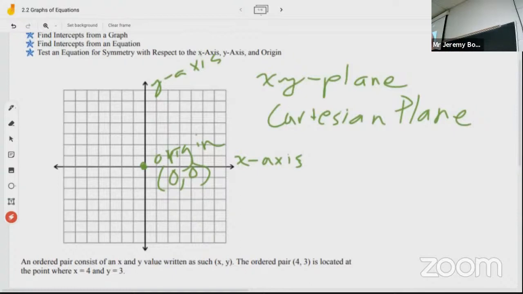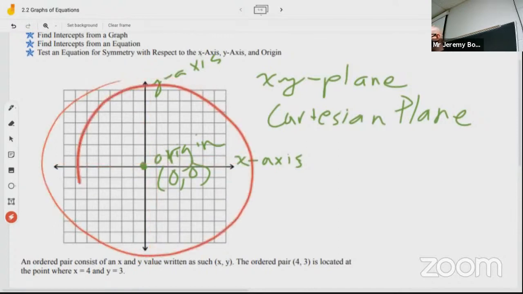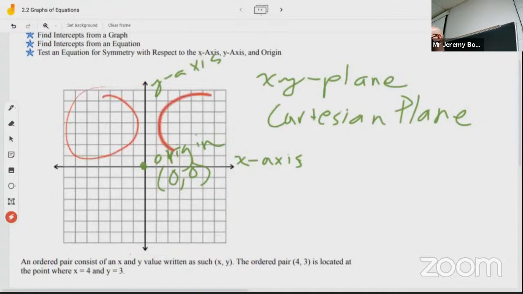And one last thing that we talk about is that the 2 axes cut the Cartesian plane, or the XY plane, into 4 distinct pieces. Does anybody know what we call this one? Those are the quadrants, and this is quadrant 1.